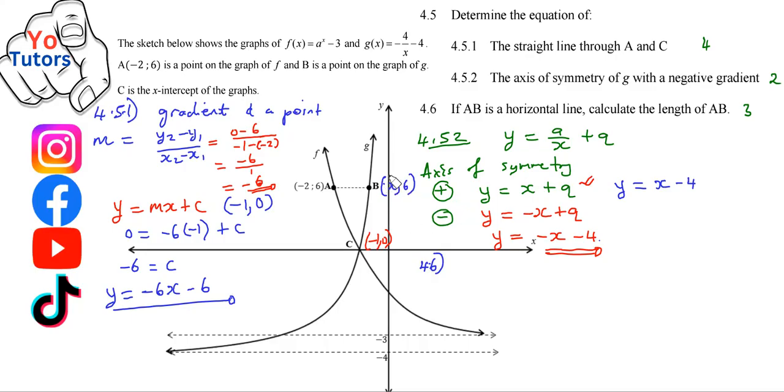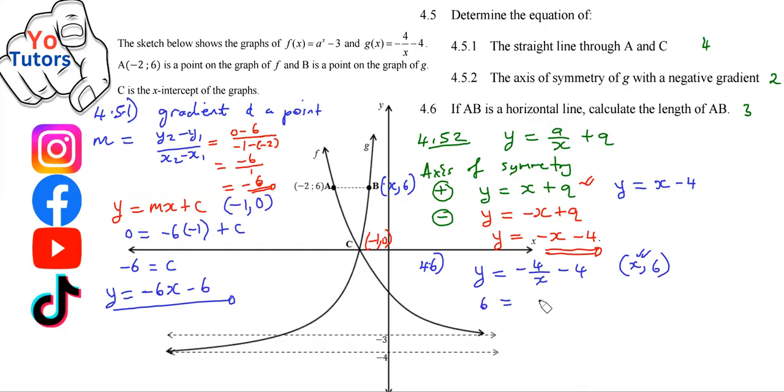What we just need to do here is to find the x value. So we substitute on the graph of g. The graph of g is y equals -4 over x minus 4, and we are substituting 6 there, because we are looking for x.